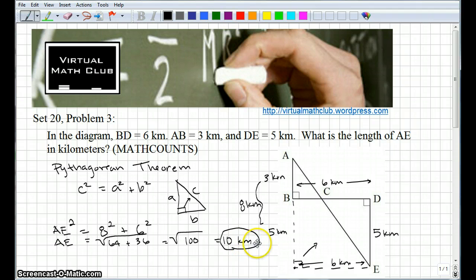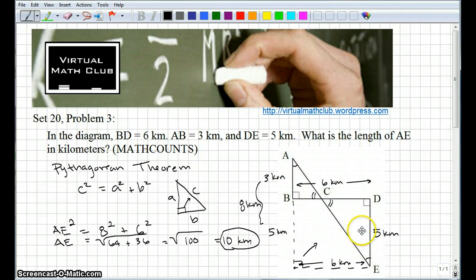Now, another way you could look at this problem is as two similar triangles. You know that these are vertical angles, so these two angles have to be the same. And this angle and this angle are alternate interior angles, since these are essentially two parallel lines.